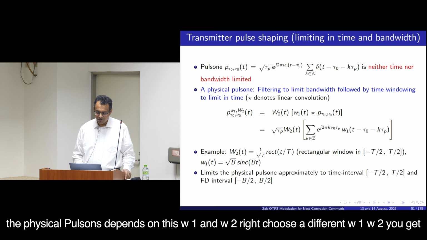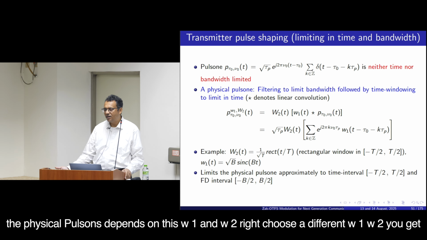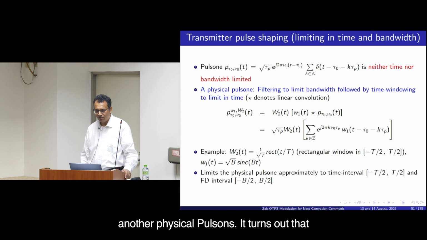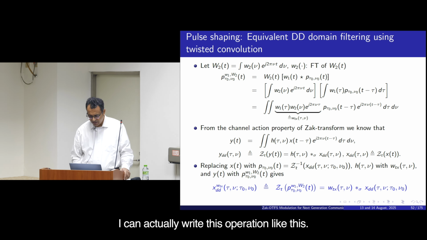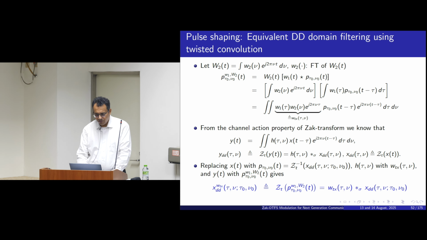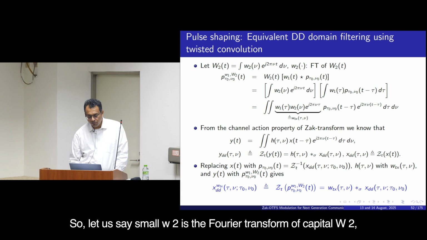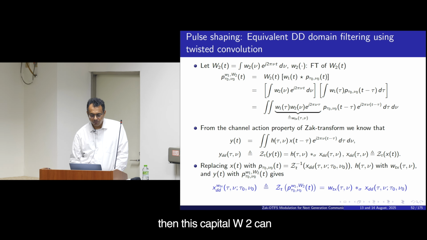Of course the physical pulson depends on this W1 and W2, right. You choose a different W1, W2, you get another physical pulson. It turns out that I can actually write this operation like this. So let us say small W2 is the Fourier transform of capital W2.